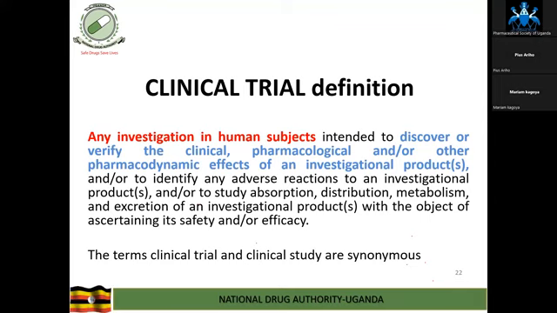But the essence of the regulation of clinical trials is to ensure that phase have to be improved.